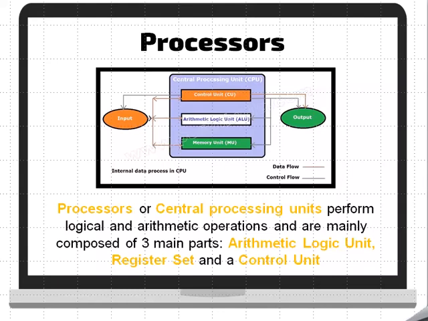This is mainly composed of three main parts: the arithmetic logic unit, which performs the arithmetic, logical, and shift operations, the register set, which has general purpose registers and special purpose registers, and the control unit, which is used to control the machine cycle.